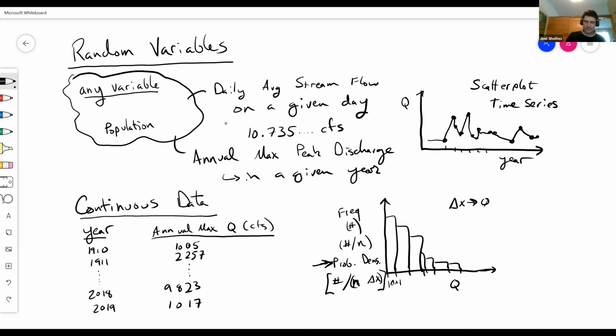We can't have delta x be 0 because there's no probability. The probability of having an infinitesimally small precise value in a data series is 0. But as delta x goes to 0, that's where you get your probability density function, which is that smooth continuous function that you might fit to a data series.